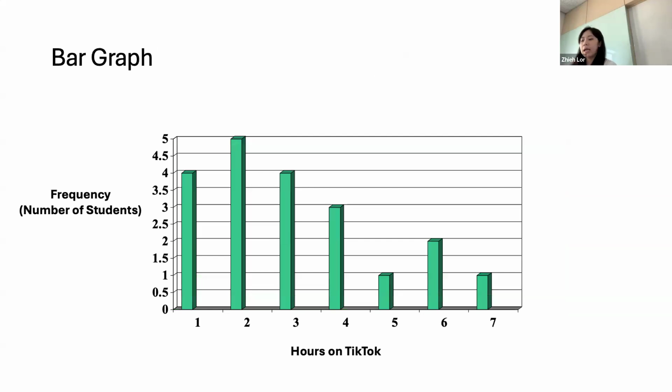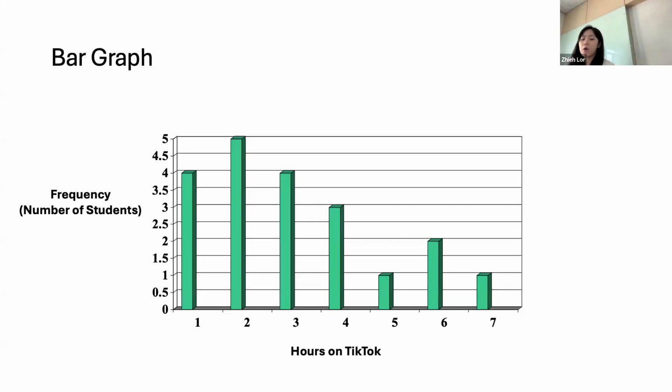Then you can do the bar graph. And here as well, you can see the frequency is also following the going-up numbers, 0, 0.5, 1, 2, 3, 4, 5. That's the frequency number of the people who reported using 1 hour for TikTok, like 4 of them, right? Using 2 hours are like 5 of them. And then going on to the left, is 1, 2, 7.